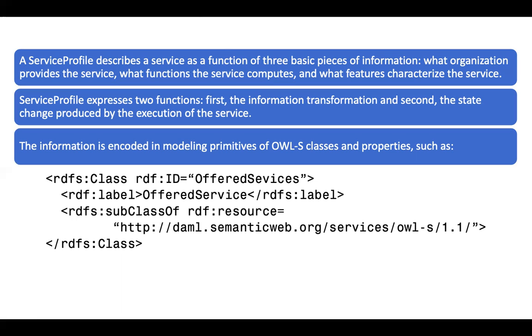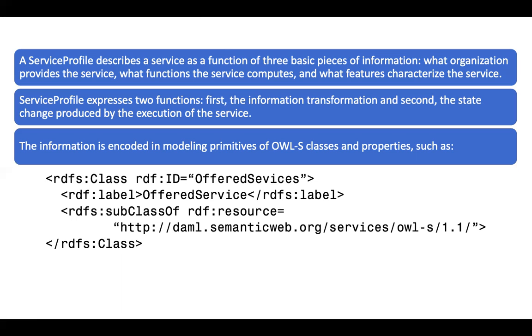In addition, the service profile provides a description of the service to a registry. Although the service profile and the process model play different roles during the transaction, they reflect the same service, and so the input, output, parameters, and effects are related.